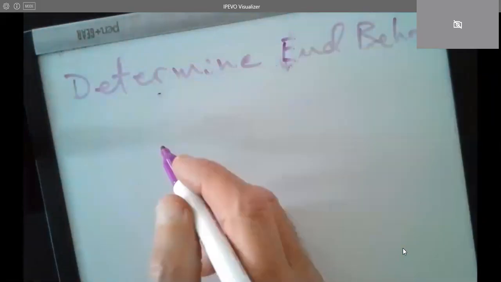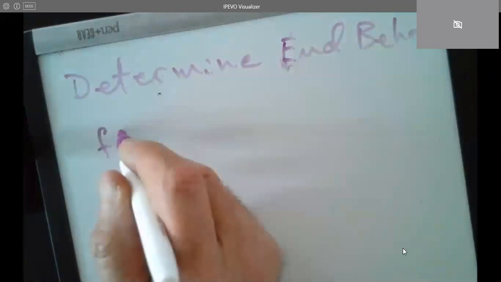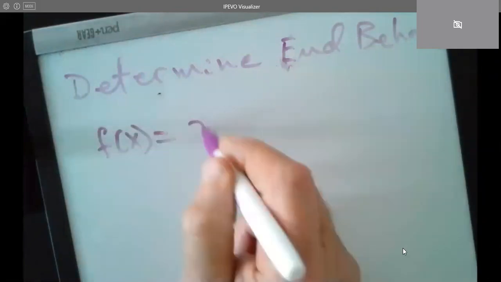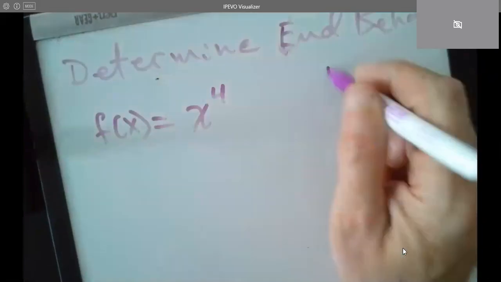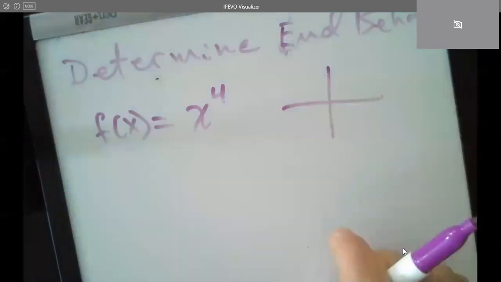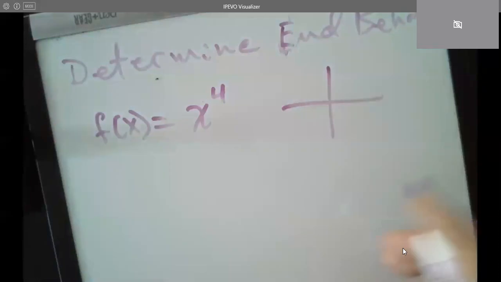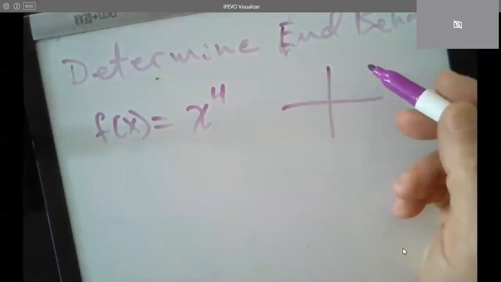Okay, we've got f of x equals x to the fourth. Okay, so what you're going to do is you're going to draw a graph, and you've got lines to the right.